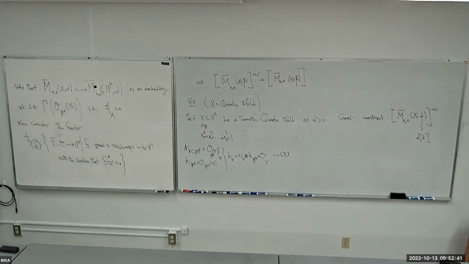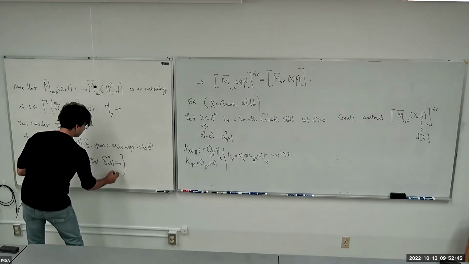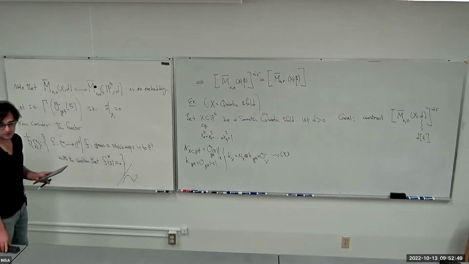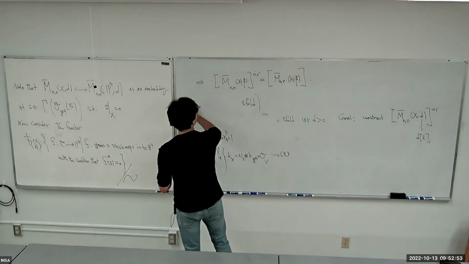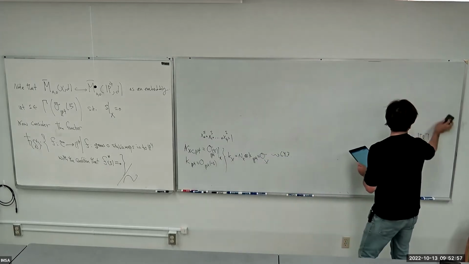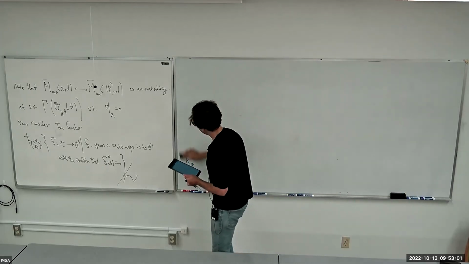Okay. This I would like to define as a moduli functor, with isomorphisms of the stable maps. So this is now a moduli functor.